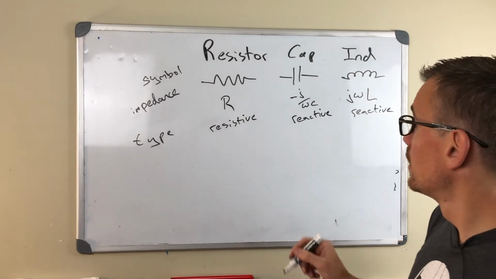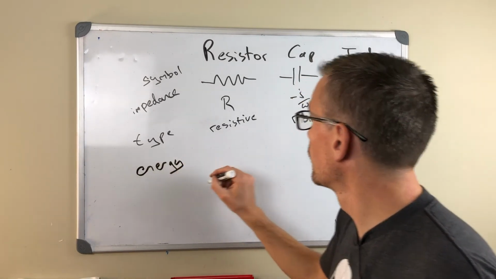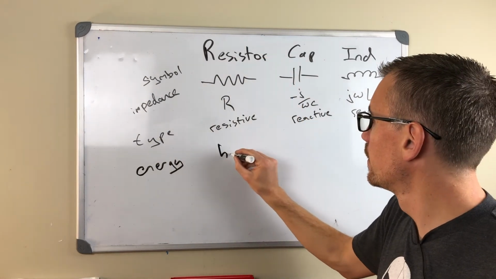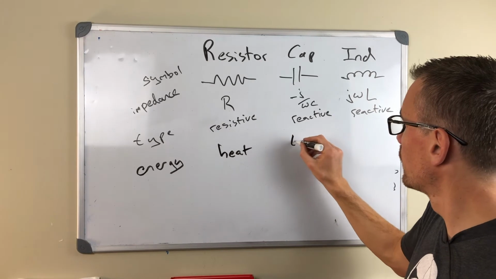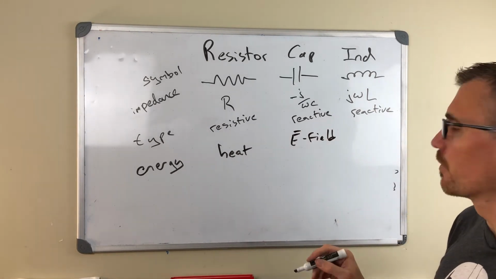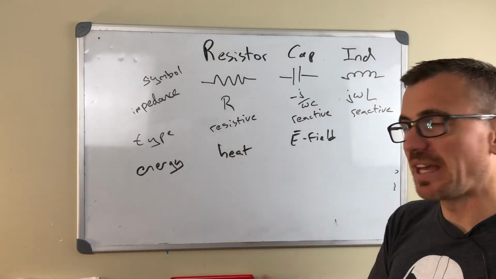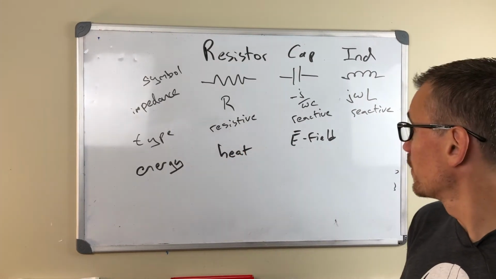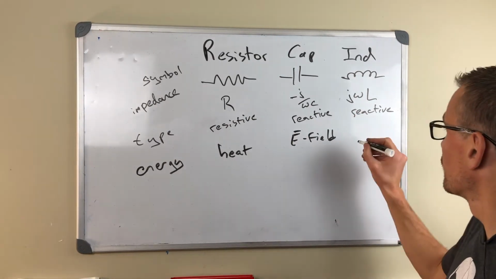Finally, the energy for the resistor went to heat. For the capacitor, it went to the electric field. How about the inductor? Well, the capacitor was made of parallel plates, which is the standard textbook way to make an electric field. The inductor is made of a coil of wire, which is the standard way to make a magnetic field.